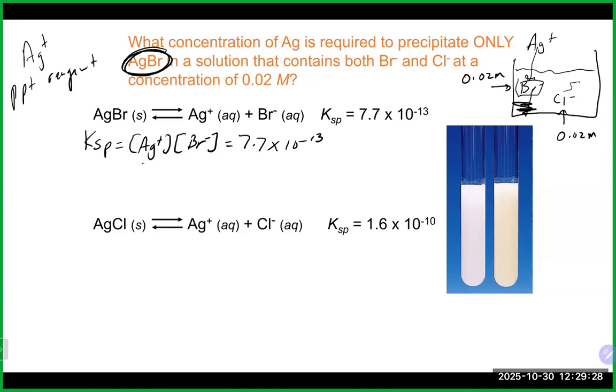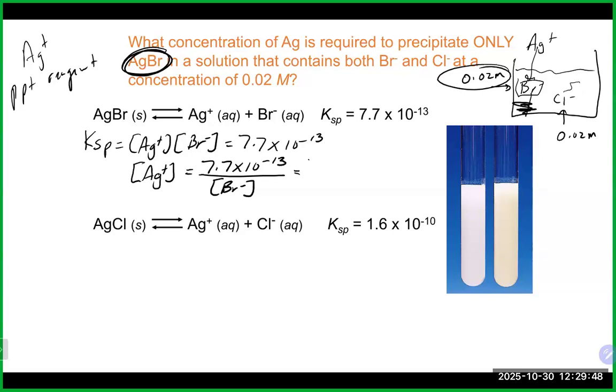So if I solve for the silver concentration and rearrange our Ksp expression, we get 7.7 times 10 to the minus 13 divided by the concentration of bromide. And I already know the concentration of bromide. It was given to me in the problem, it is 0.02.